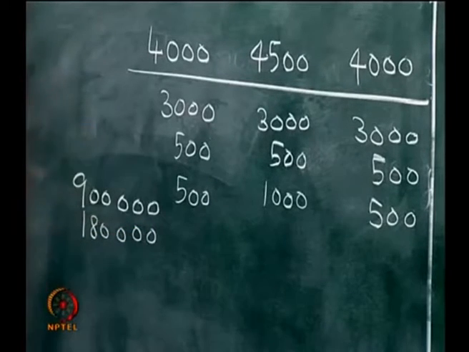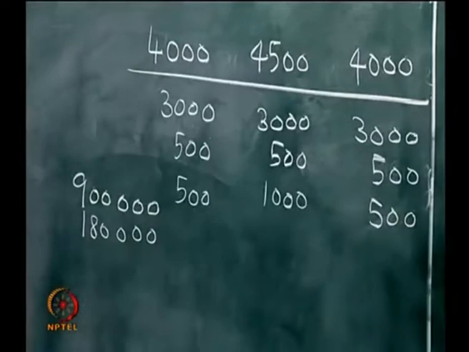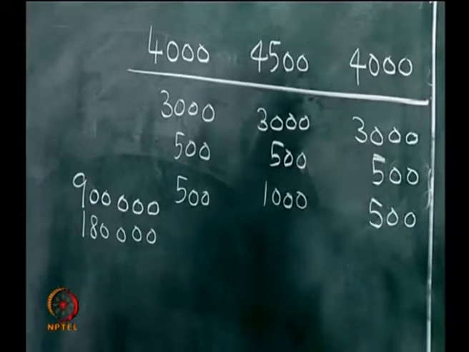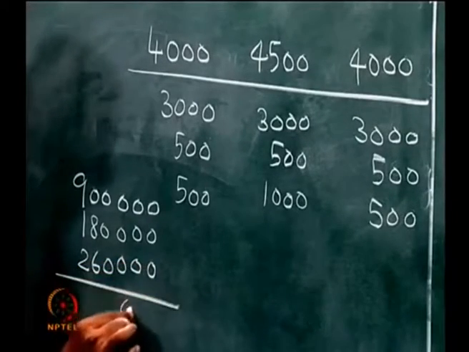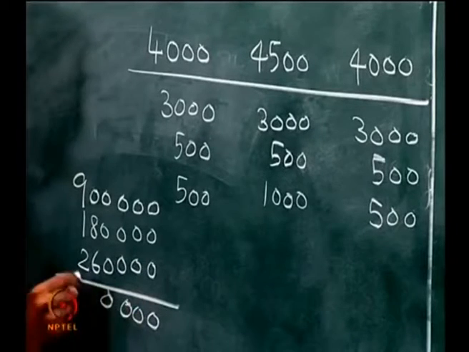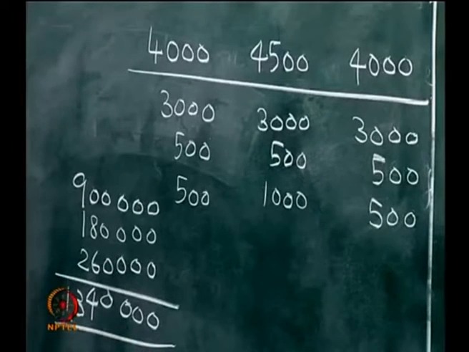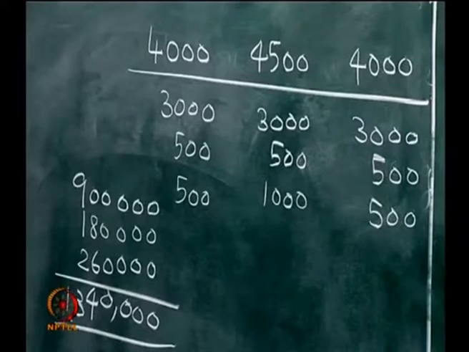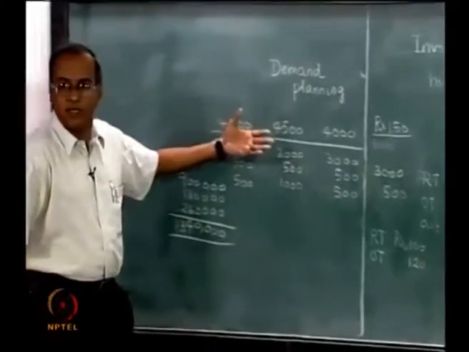If the outsourcing cost happens to be say 130, then we have 2,000 into 130, which is 260,000, which gives us a total cost of 1,340,000 or 13,40,000 as the total cost, as against 970,000 here. The reason being the demand is now higher.